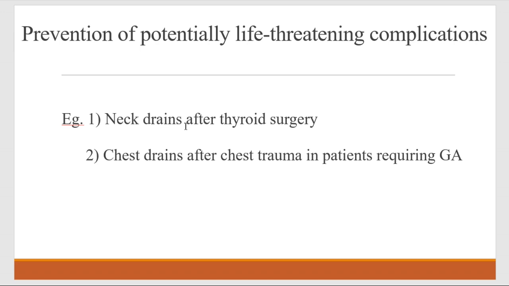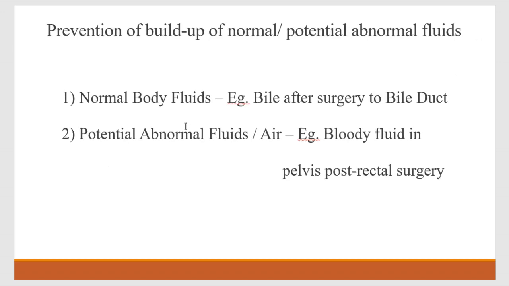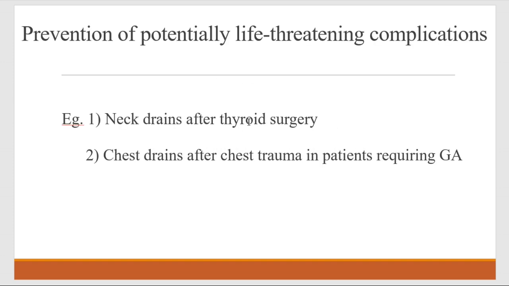The third was prevention of potentially life-threatening complications. Initially, some overlap was there between this indication and the previous one, but after going through these examples, it will be clarified. We want to prevent a potentially life-threatening complication.